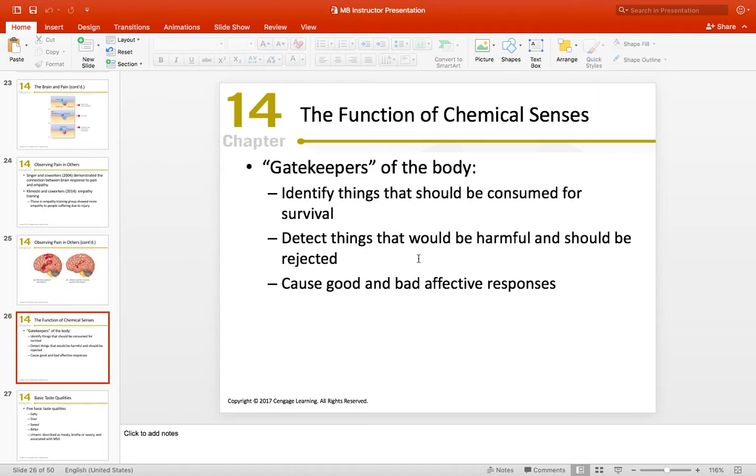Now, this system is not perfect. It is perfectly possible to accidentally consume things that are harmful, of course. But certainly, there are certain substances that have such a foul odor or taste that they're almost reflexively spit out. And so we can thank our chemical senses. Without that, God knows what would happen, right?